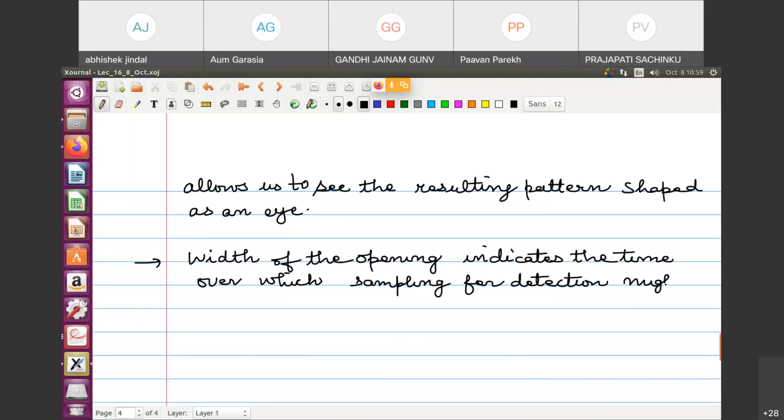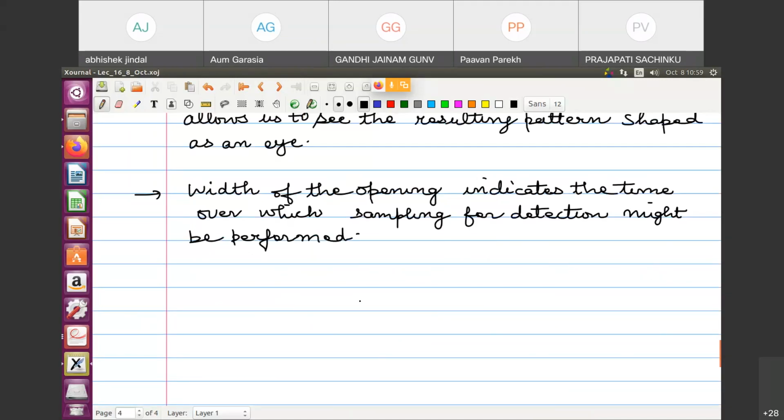Okay, this is important. We will see it through the figure. Then the optimum sampling time.